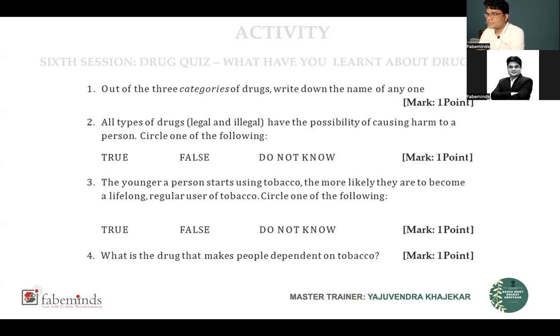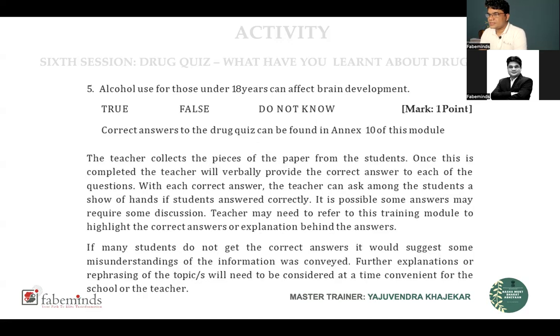The younger a person starts using tobacco, the more likely they are to become a lifelong regular user of tobacco. Yes, true. What is the drug that makes people dependent on tobacco? Nicotine. Correct. Alcohol use for those under 18 years can affect brain development. True or false? True.